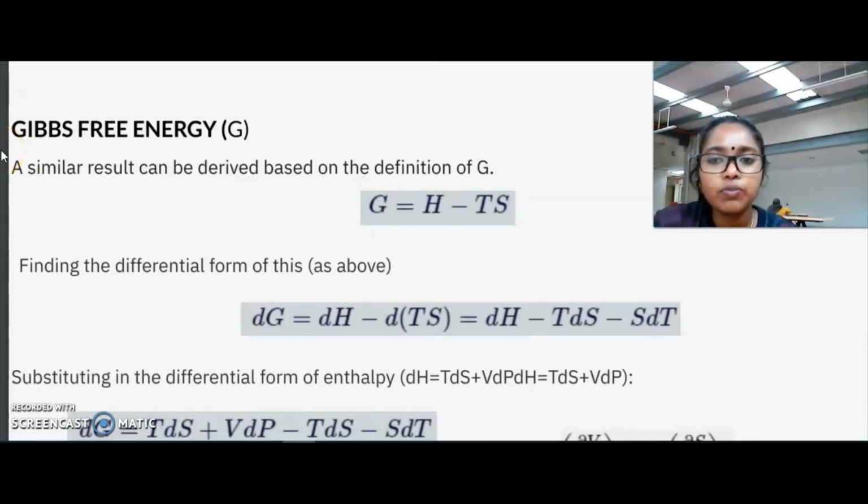The general equation for Gibbs free energy is G equals H minus TS, where H stands for enthalpy, T stands for temperature, and S stands for entropy. First we have to find the differential form. That is dG equals dH minus d(TS), and then we get one equation: dH minus TdS minus SdT. Then we have to substitute the differential form of enthalpy.